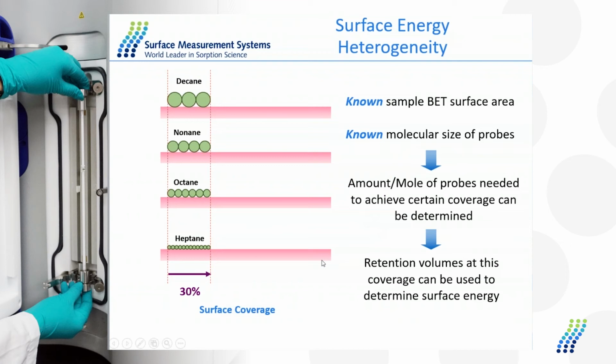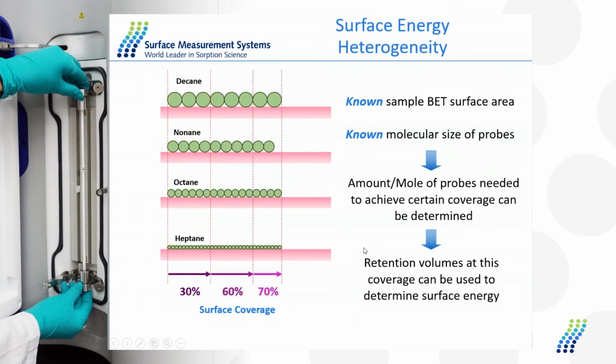This is done by doing experiments at different coverages that allow you to get the surface energy as a function of surface coverage. And it can shed some light on how energetically homogeneous or heterogeneous your surface may be.